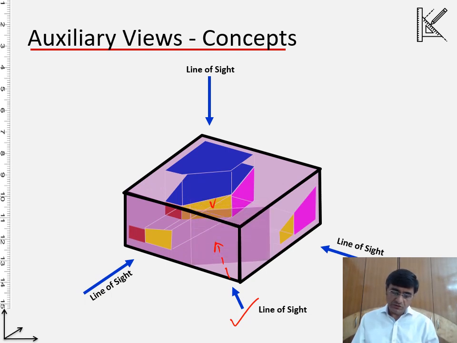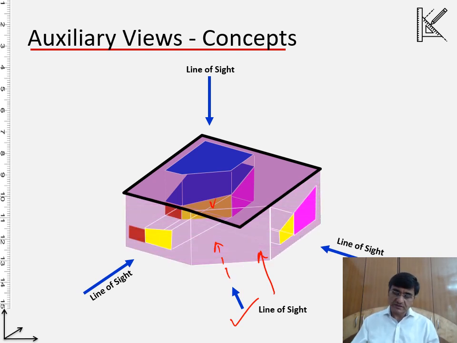Now corresponding to this, I will have one more plane identified. So this is the projection plane now, and this projection plane we call the auxiliary view. Okay, all right, so we have another set of the projection planes, and the yellow one will be projecting onto this. So that is how the yellow one is projected.